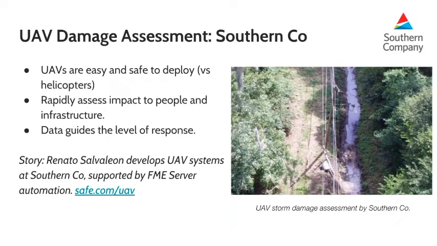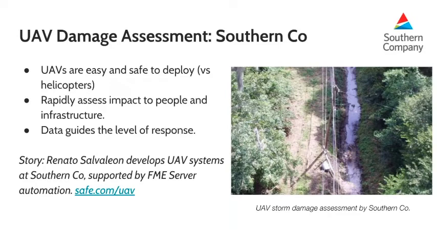or they would have to get helicopters in there, which has risks of its own, because when you have storm damage, you've got power lines and towers that might be at odd locations, so it's a messy environment. UAVs are a lot safer and easier to deploy, and also allow them to rapidly collect data and assess what the storm impacts are.